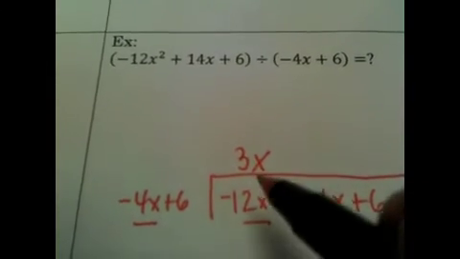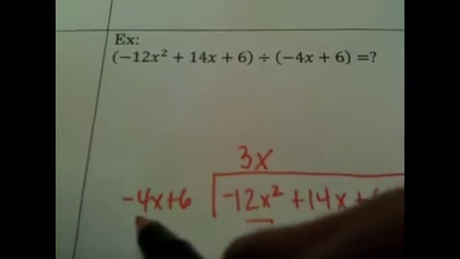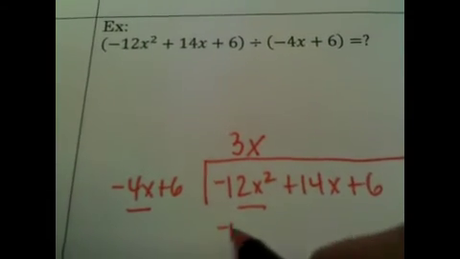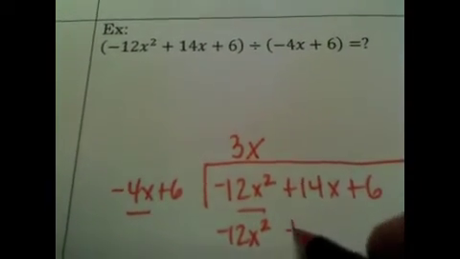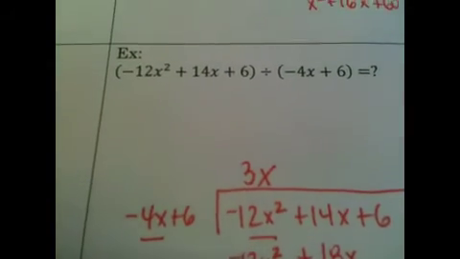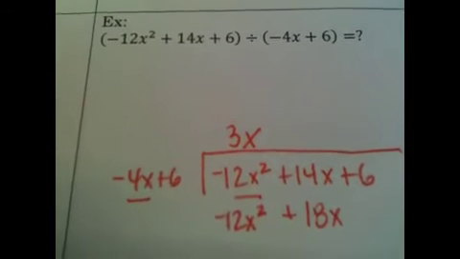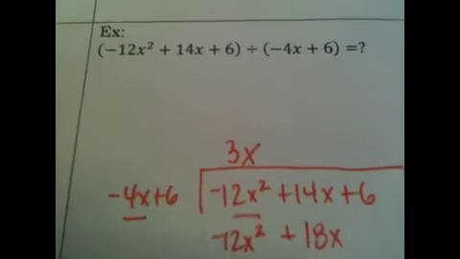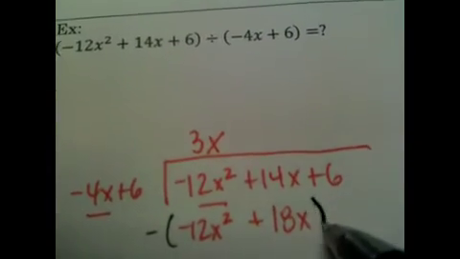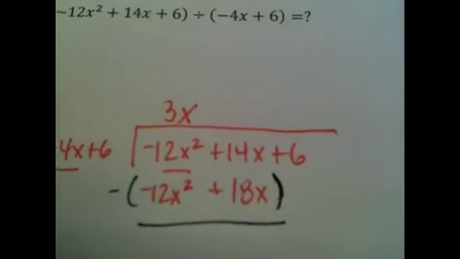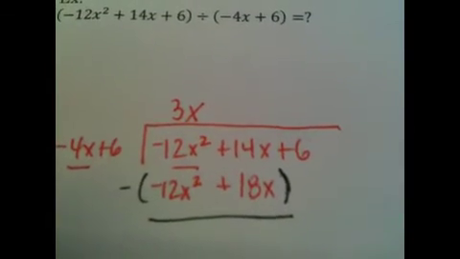Distribute is the next step, step 3. 3x times negative 4x is negative 12x squared. 3x times 6 is 18x. Okay. Cool. Now we subtract. We're subtracting this whole deal. And hopefully you see that in my video here by the change of color. We're subtracting the whole deal.